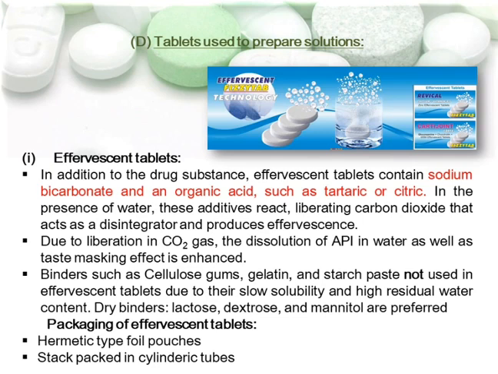Binders such as cellulose, gum, gelatin and starch paste are not used in effervescent tablets due to their slow solubility and high residual water content. Dry binders such as lactose, dextrose and mannitol are preferred. Packaging of effervescent tablets is done in two types: hermetic foil pouches or stack packed in cylindrical tubes.